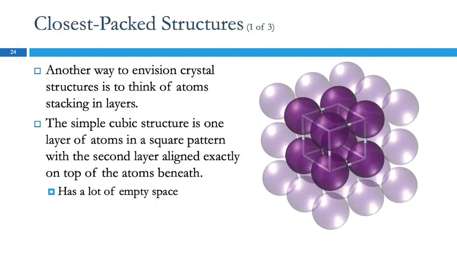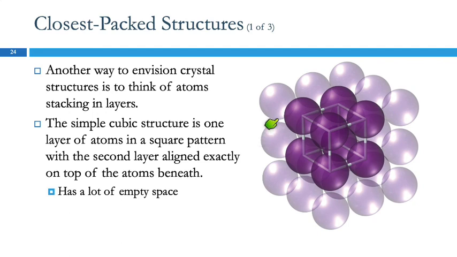So another way we can look at crystal structures is to think about stacking these atoms together in layers. This is the simple cubic, where we just have atoms at the corners. And this is making a grid, basically, of atoms, and then stacking another layer on top.